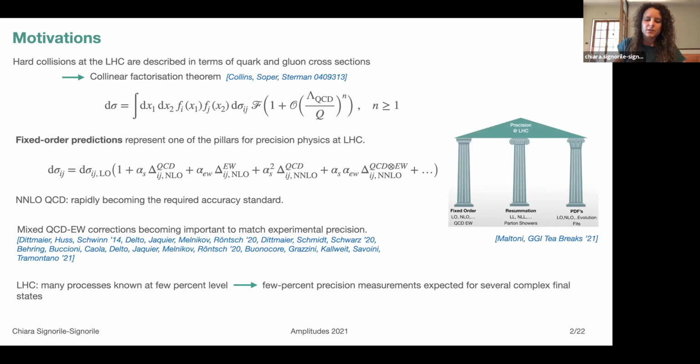Expanding this partonic cross-section in terms of the couplings, we see that NNLO QCD is rapidly becoming the required accuracy standard. But it is also true that mixed QCD-electroweak corrections are becoming extremely important to match the experimental precision.